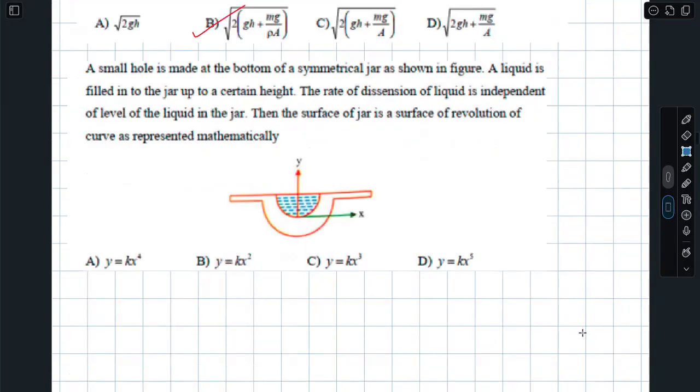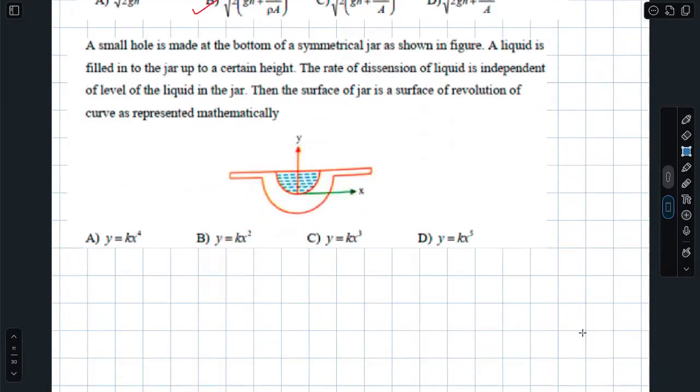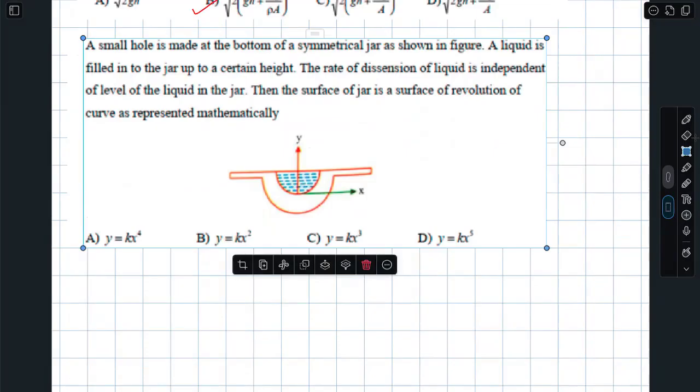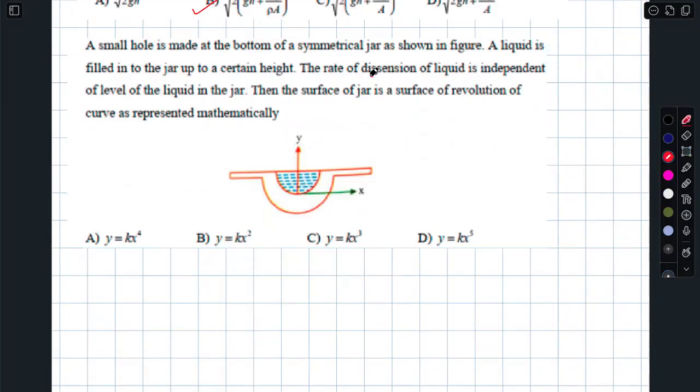Right. A small hole is made at the bottom of a symmetrical jar as shown in the figure. A liquid is filled into the jar up to a certain height. The rate of fall of liquid level, when expelling out, is independent of the level of liquid in the jar.